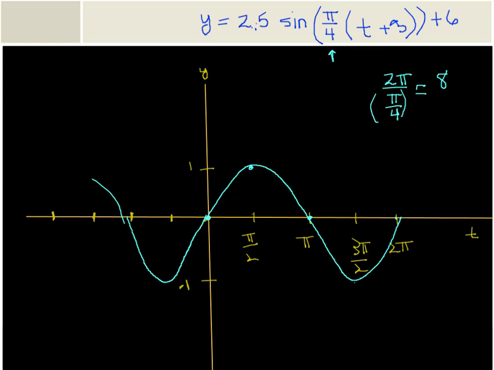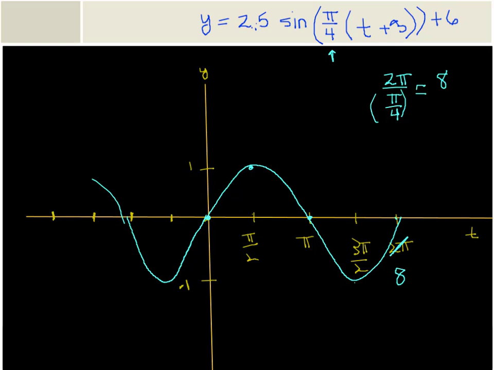Is everybody with me? Okay, good. So that means at 2 pi, this is 8. And what I'm going to do is I'm dividing each one of my points by pi over 4, aren't I?